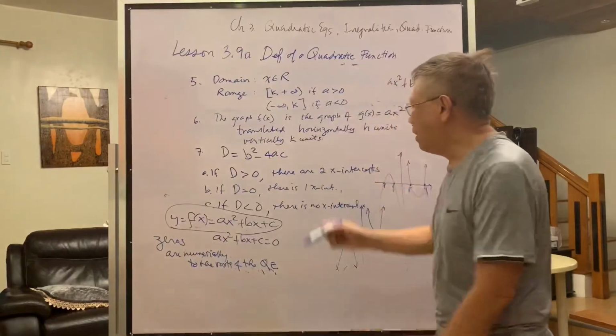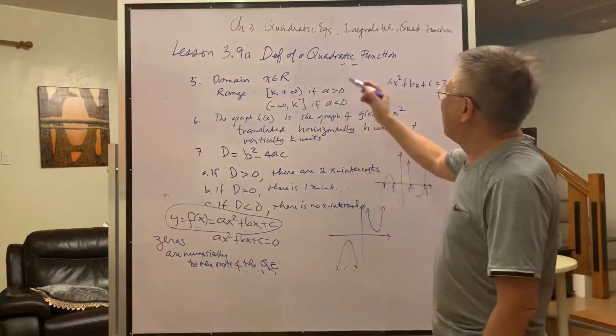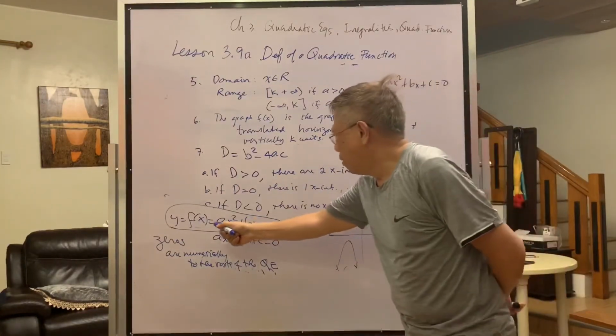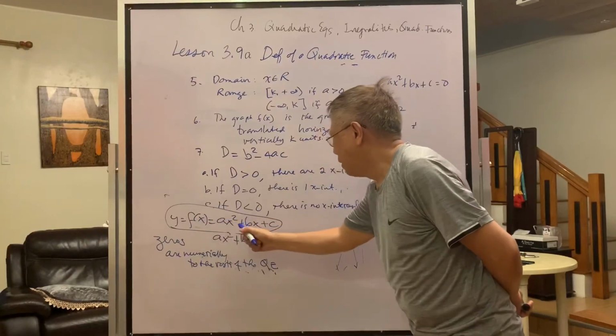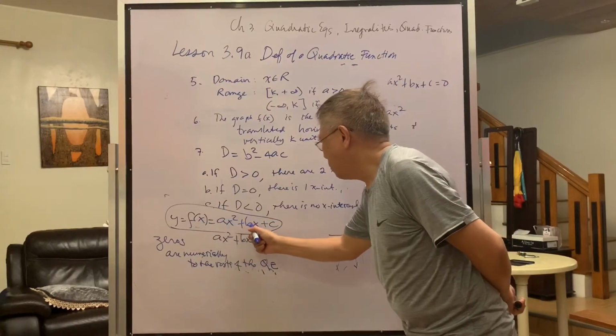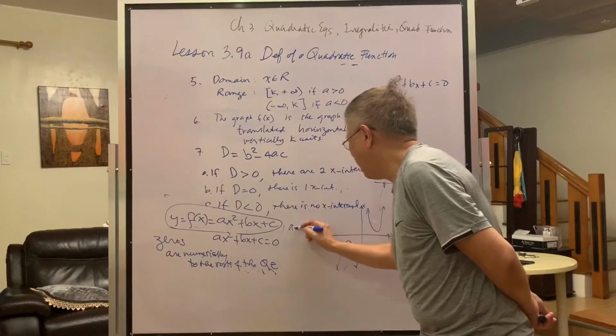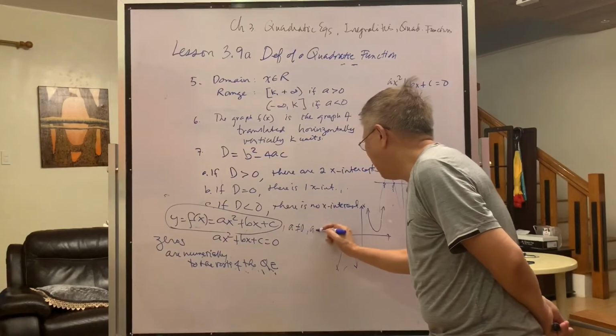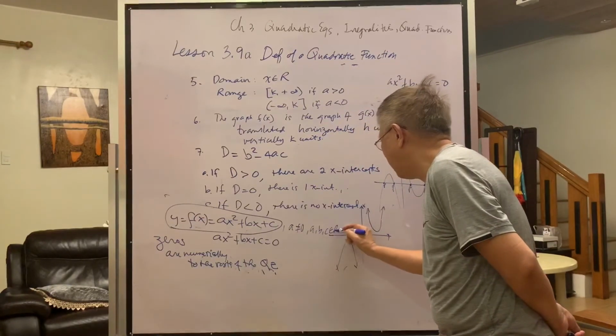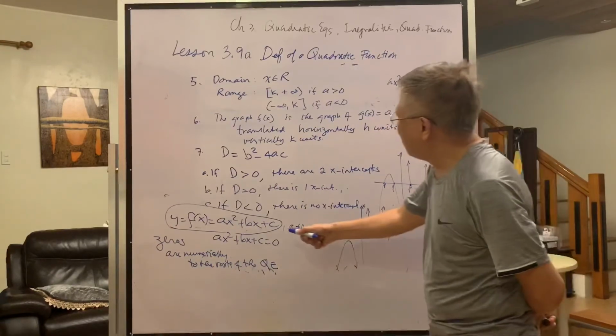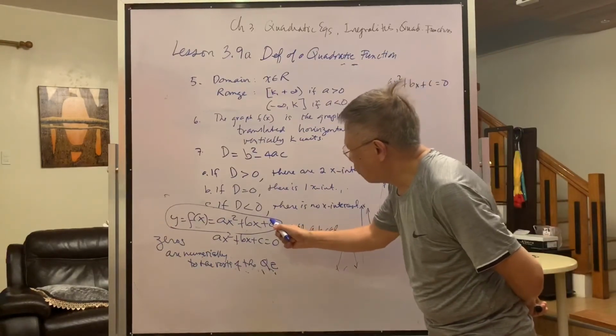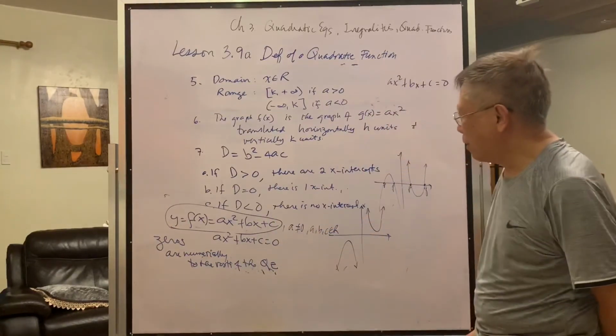We defined our quadratic function as y equals f of x equals ax squared plus bx plus c, where a is not equal to 0 and a, b, c are elements of the real numbers. And we term this the general form of the quadratic function.